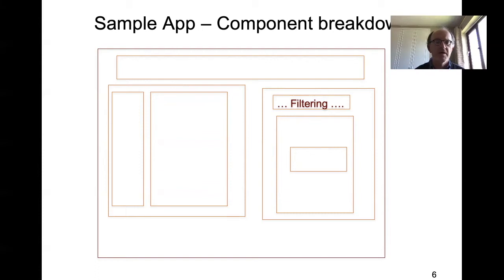So I'll have a box for the header, and there may be a footer part as well that you want to have consistent across all the different views or pages that make up your app, even though I'm not dealing with multiple pages in this example. It's just good practice to have by default a header and footer box, which will correspond to a component just responsible for rendering the header and footer part of the UI. So that's everything covered now.